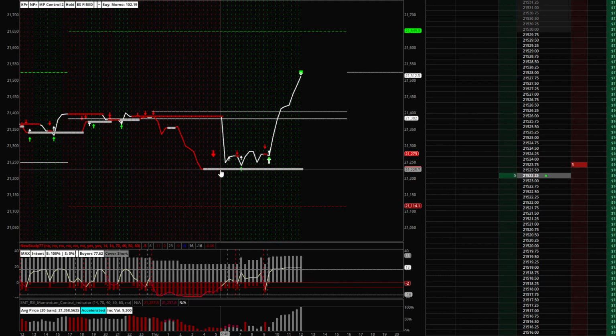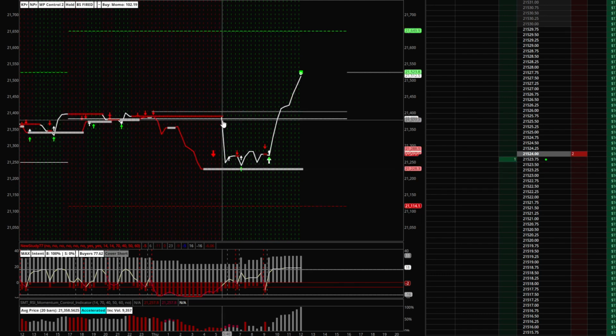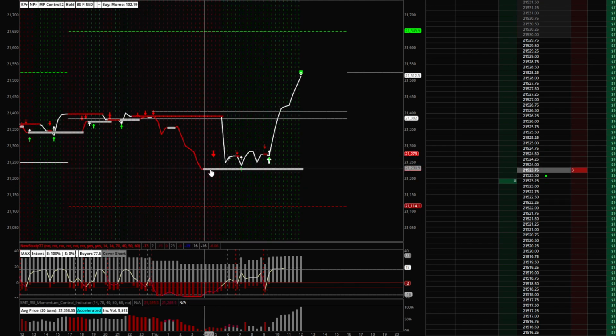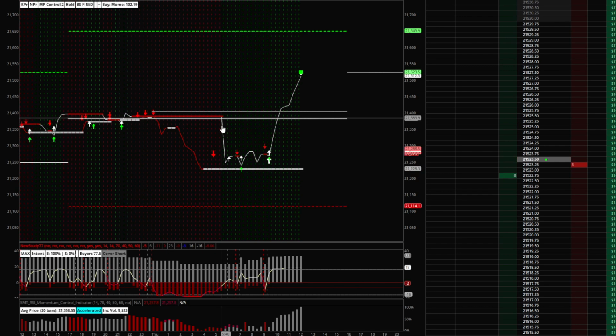But once you see the buyers break this line, see how we broke the line here, and then we break it again. Once you see them break that, hey, I'm with the buyers now. There's that takeover attempt. Buyers have the control right here.